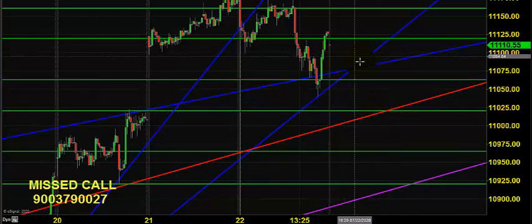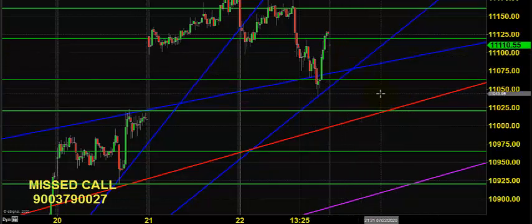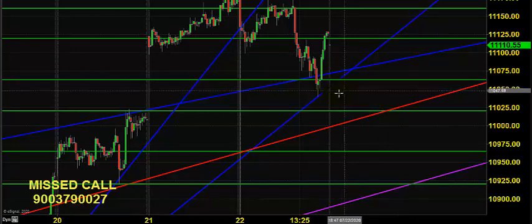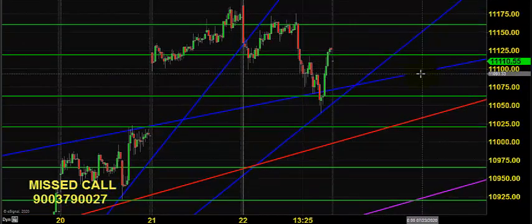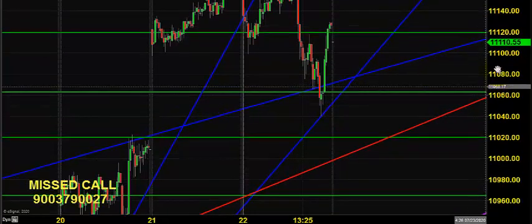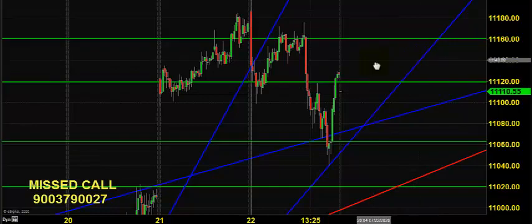So within this particular zone of 11,060 you can go for buying by placing a stop at 11,050 or near yesterday's low, expecting the market to move up since it is supported with various supports and trend lines. So wait for the price to approach the trend lines and various support lines, then go for buying, expecting the market to move up.